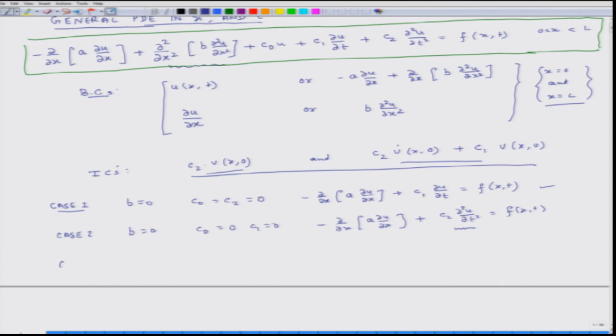Another example would be when A is equal to 0 and C0 is equal to C1 is equal to 0.